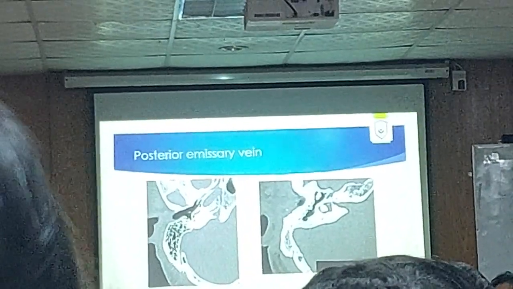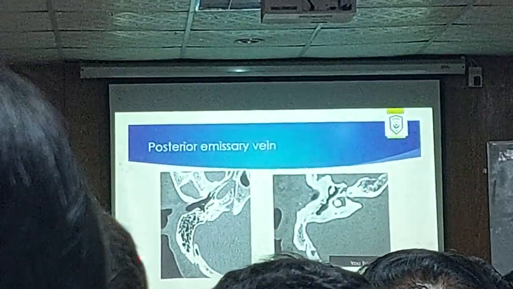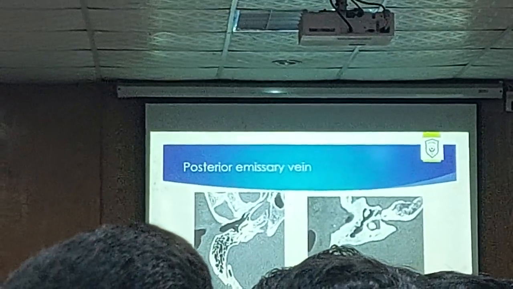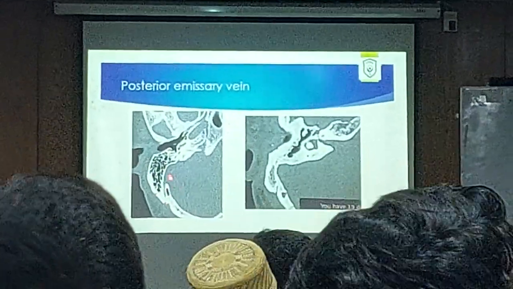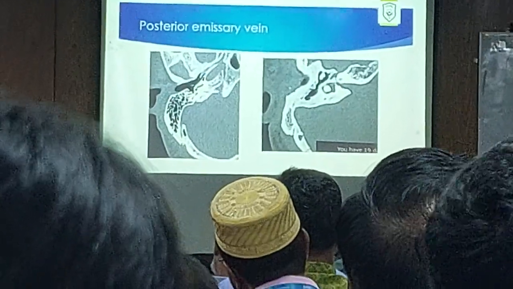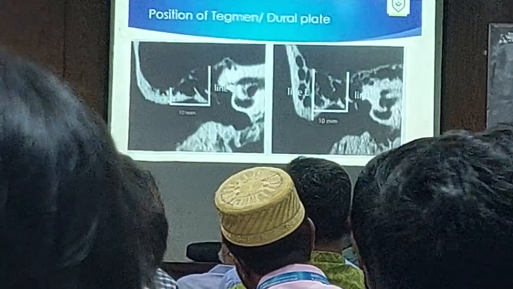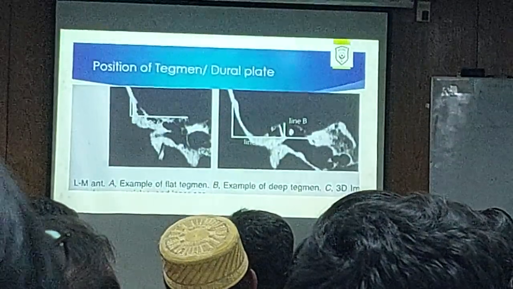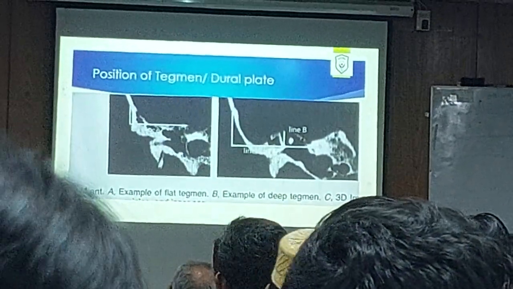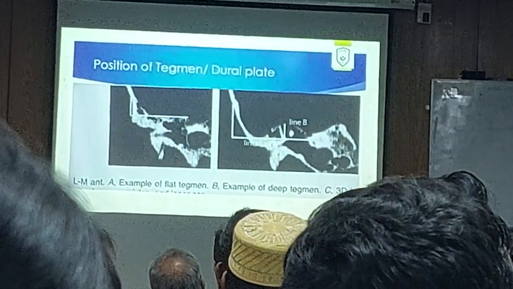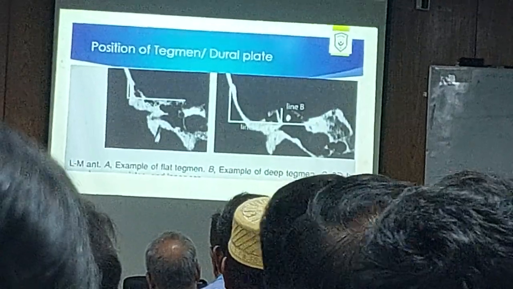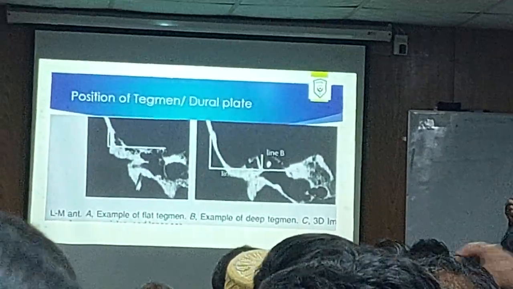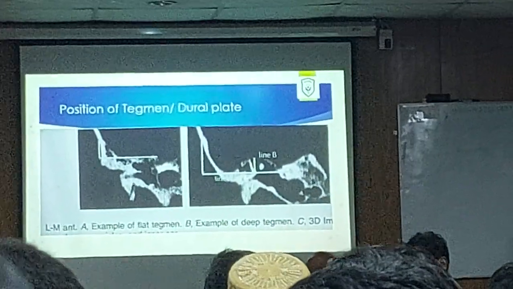So this is the posterior emissary vein. It is going to the sigmoid sinus. This is where I tried to mention the specific structures and in which slides we can see them.